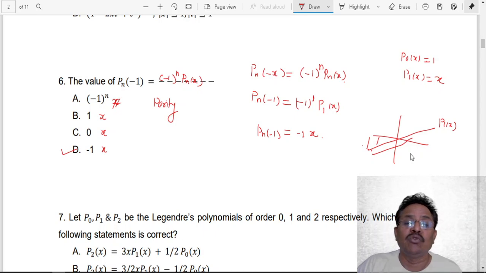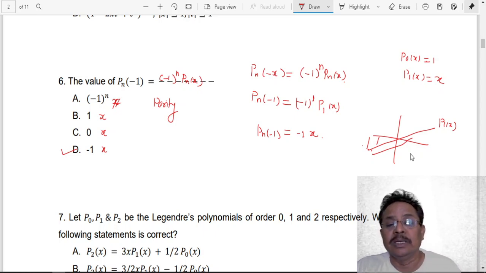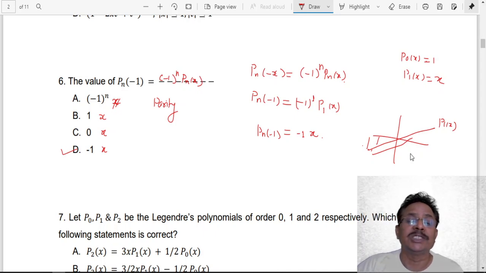If I go for P2 of minus x, now this will be minus 1 raised to 2, which is plus 1, and this is P2 of x. So the parity of the second Legendre polynomial is going to be positive, and the parity of P0 of x is going to be positive. The parity of P1 of x is going to be negative. So this parity can be understood from this property, and based upon this, question number 6, D is the correct answer.